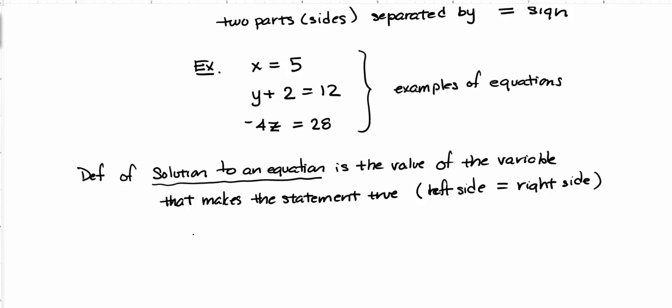So if I said x plus 3 equals 7, and I ask myself what number plus 3 equals 7, we know that x has to be 4. So 4 is a solution. That's what we mean by a solution to an equation.